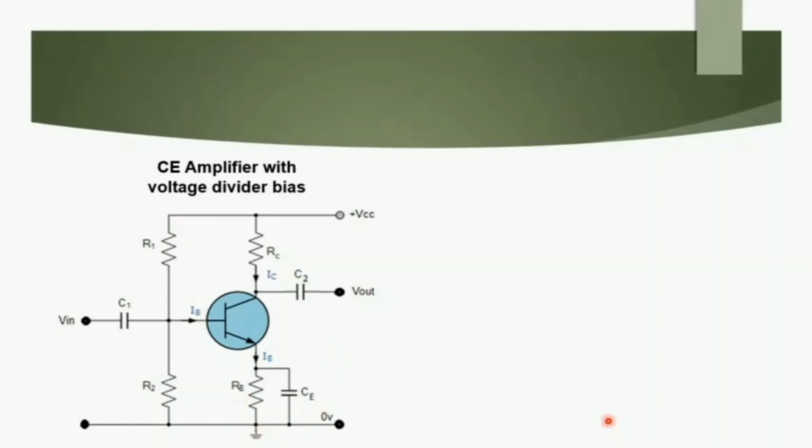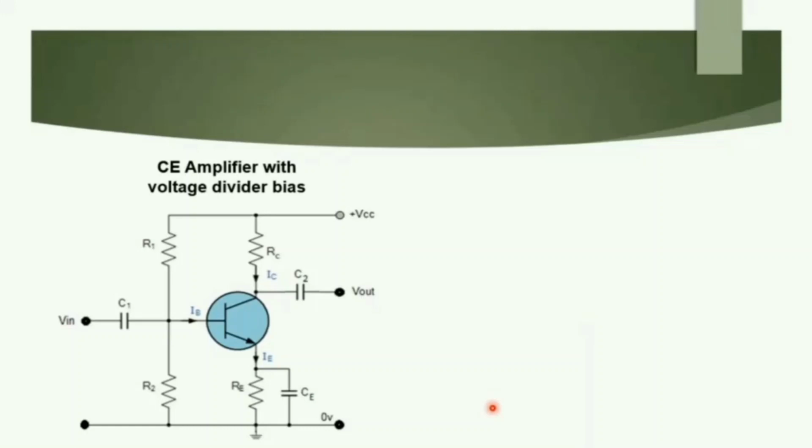Now, with the change in temperature, collector current IC will change, which in turn change the voltage drop across this RE resistor. This change in voltage across RE will change the base current IB, which will compensate for the change in collector current IC.